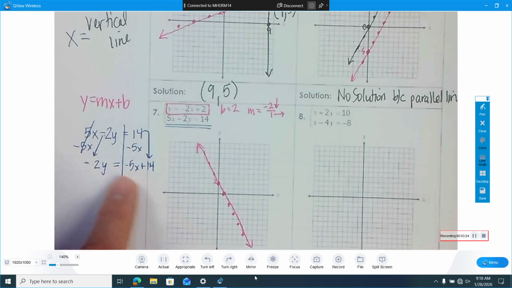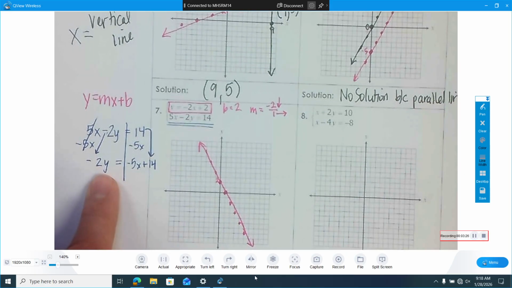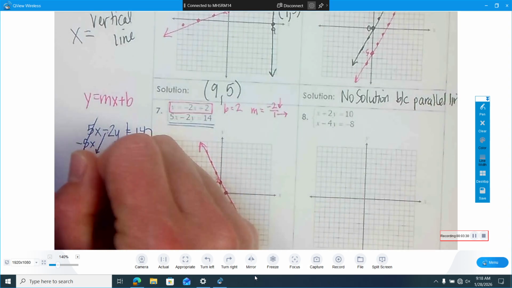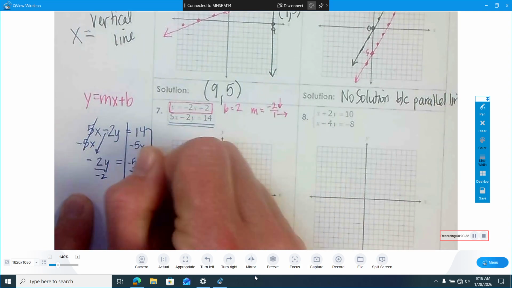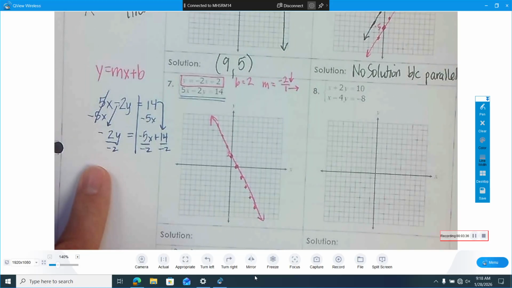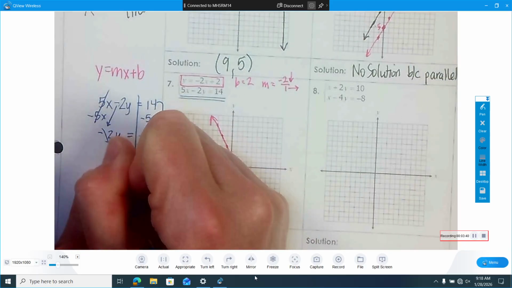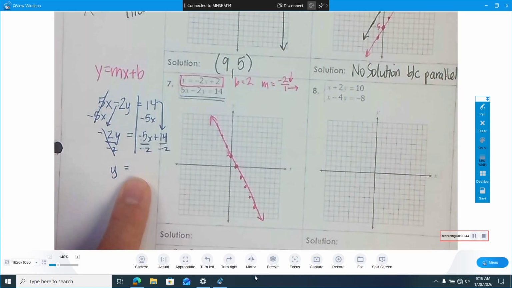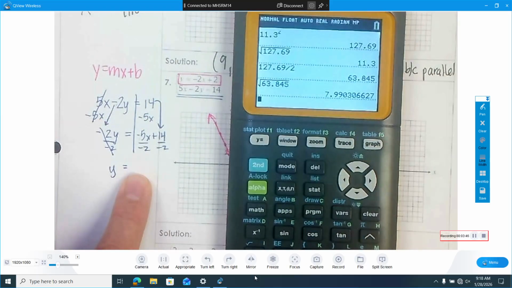Two things. Now, how do I get the y by itself? Divide by negative 2. We're going to divide everything by negative 2. So those negative 2's cancel out, leaving the y by itself. And here I have negative 5 over negative 2.